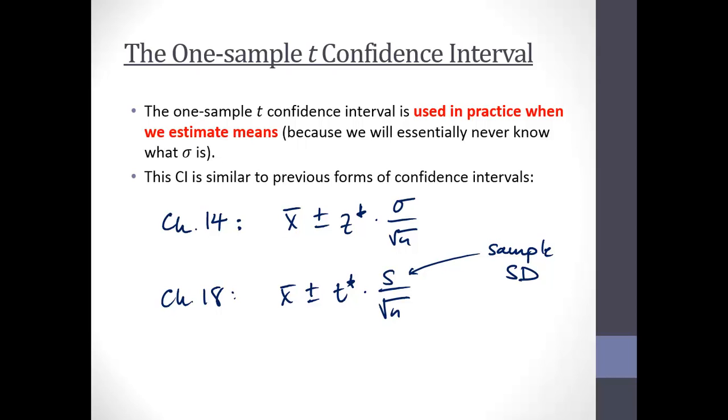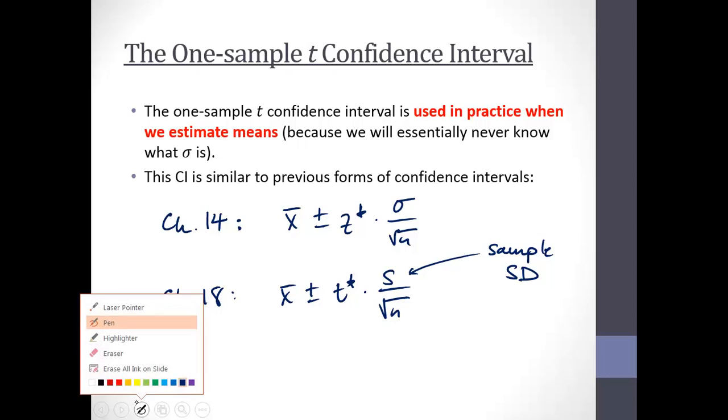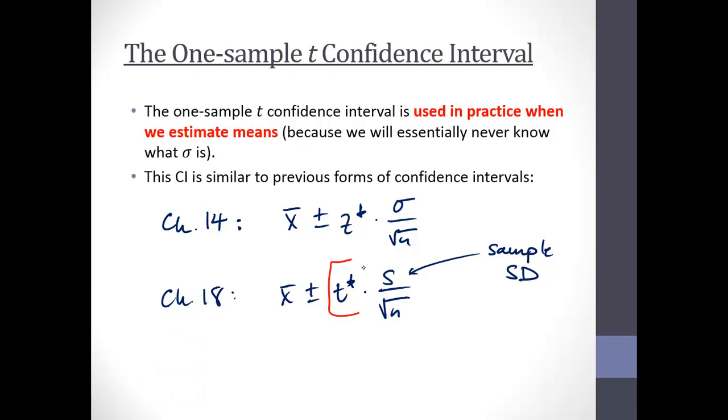So the idea is exactly the same. The formula changes, and really the main difficulty is that we're now using a t star instead of a z star. We talked a little bit about table C, I believe it is, which has a slightly different way of finding that critical value, but actually I think it's a little easier than the z star was.